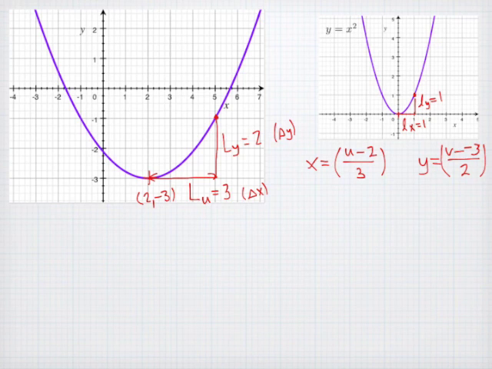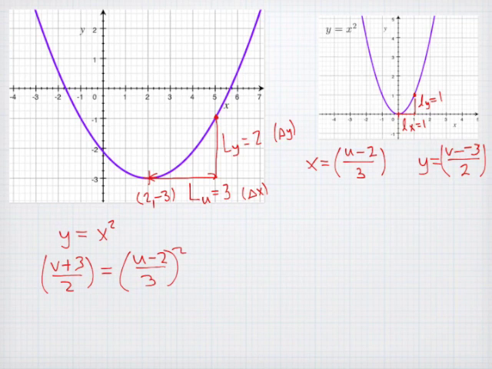So what we're going to do is take our formula y equals x squared, that's our function, and our transformed coordinates, we use what we just found, that we had v plus 3 over 2, that's y, equals x, so that's u minus 2 over 3 squared. That is the equation of my transformed parabola.